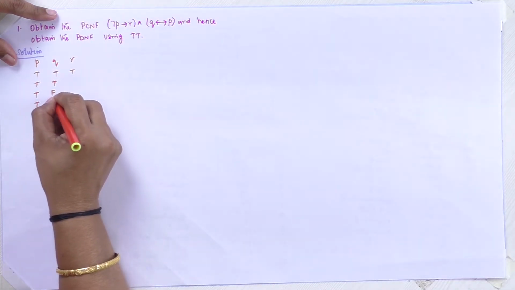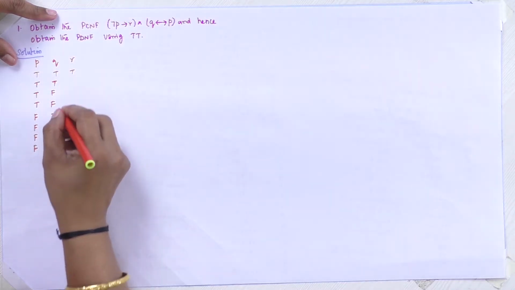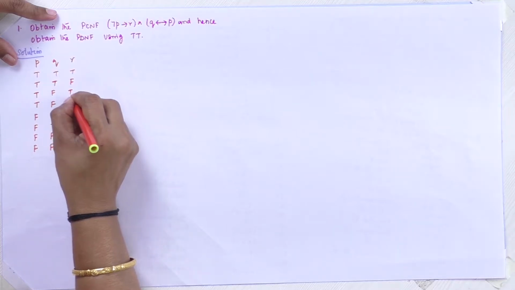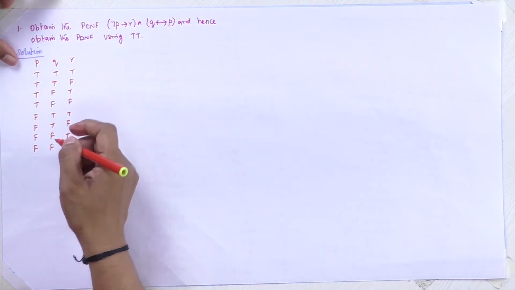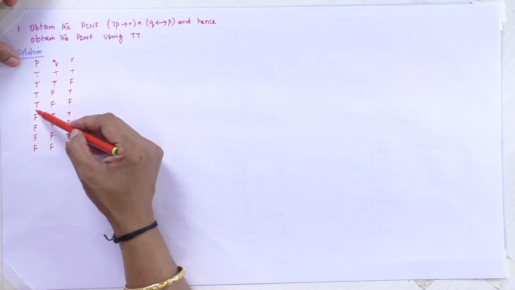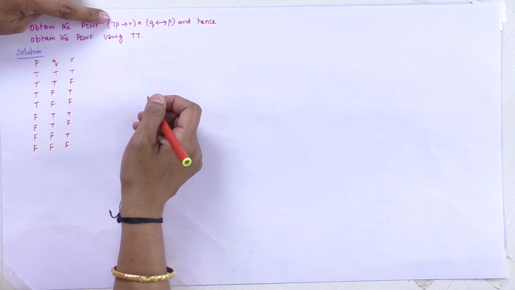For P: T, T, T, T, F, F, F, F. For Q: T, T, F, F, T, T, F, F. For R: T, F, T, F, T, F, T, F. So I have got 8 rows: 1, 2, 3, 4, 5, 6, 7, 8. Now I will have to construct the truth table for this.